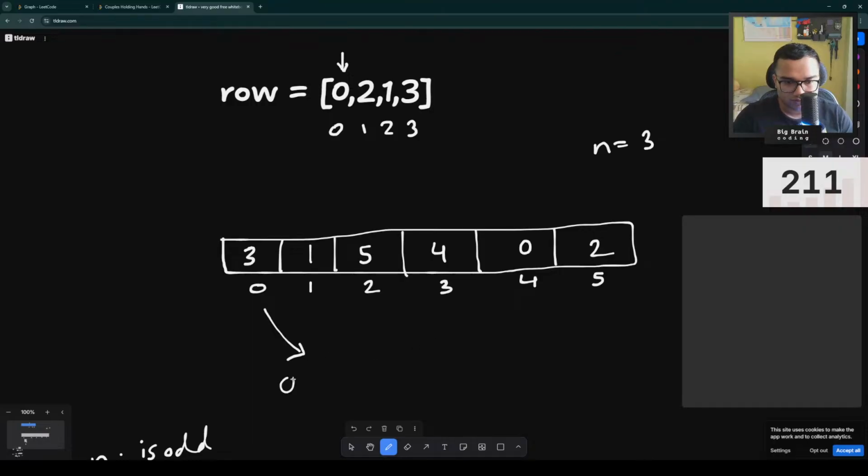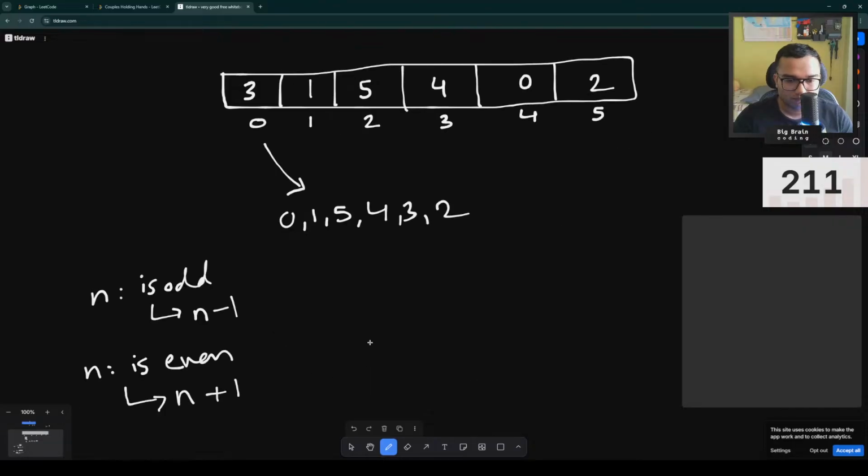It will be 0, 1, 5, 4, 3, 2. Or I backtrack it again. Another call will be 3, 2, 5, 4, 0, 1.